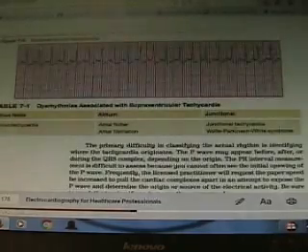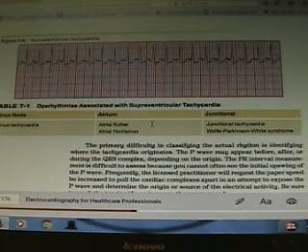Now another type of junctional is SVT. Supraventricular tachycardia is yet another emergency trace. How do you know this is bad? First of all, it's tachycardia. Tachycardia is never good. Do you see there's no more P wave?